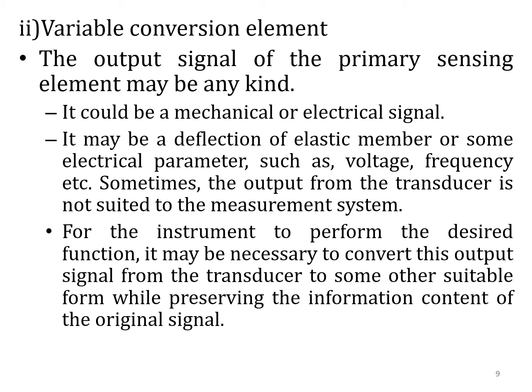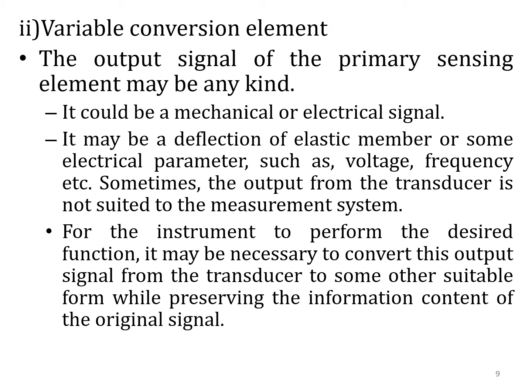Variable conversion element. The output signal from the primary sensing element may be of any kind. That can be an electrical signal or a non-electrical signal, so it could be mechanical or electrical. It may be a deflection of some member or some electrical parameter such as voltage, frequency, etc. Sometimes the output from the transducer is not suited to the measurement system.